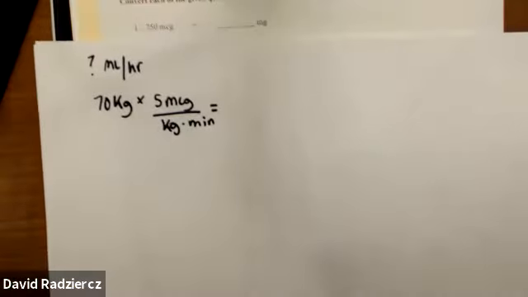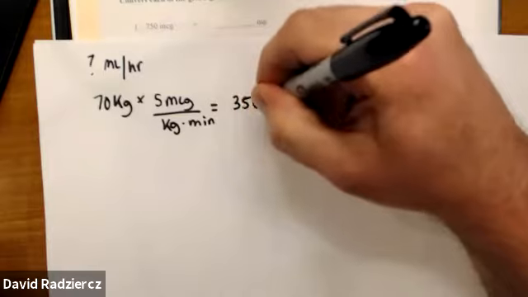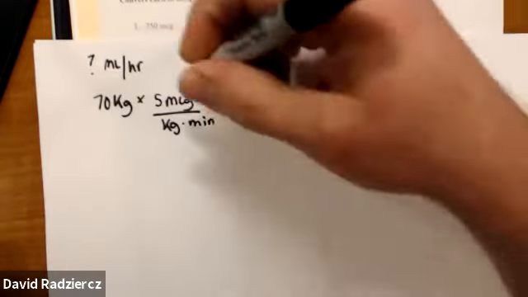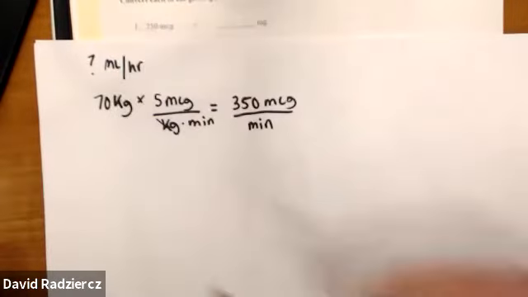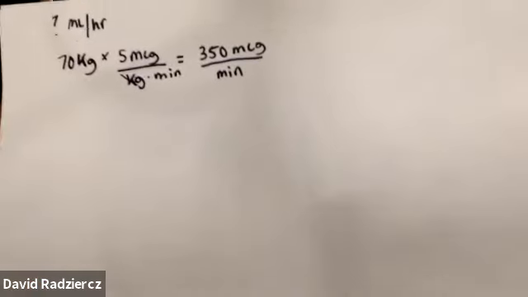And then what you're going to get is 70 times 5 is 350 micrograms, and that's per minute.